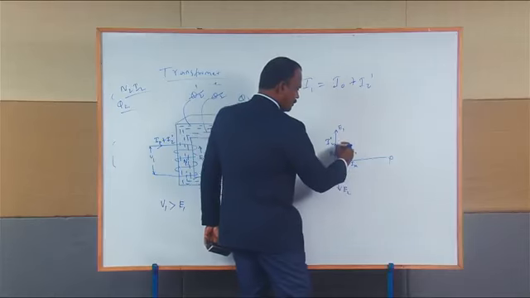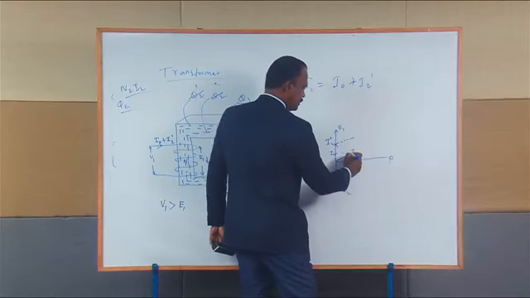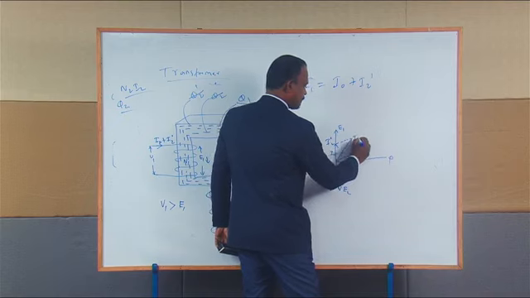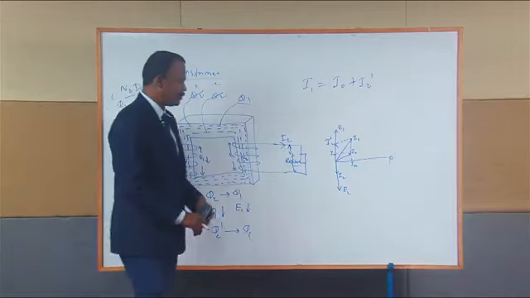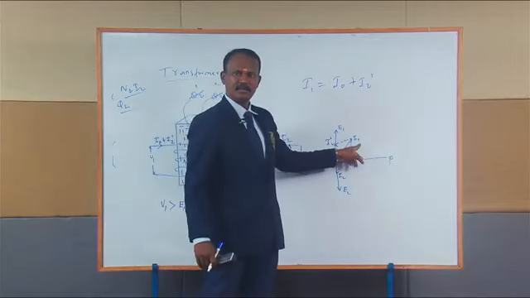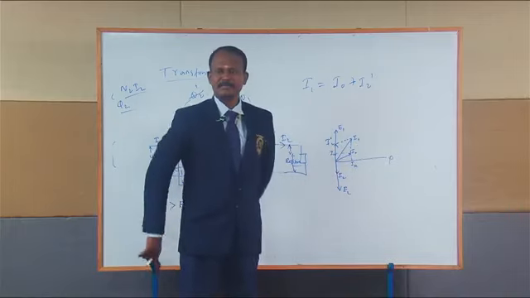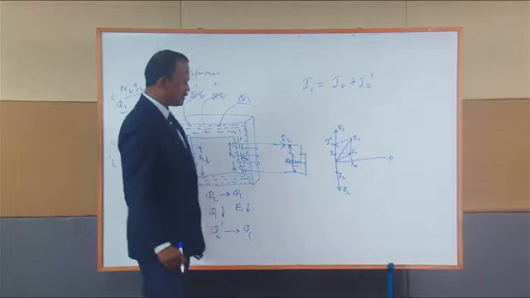So I draw the parallelogram from I2 dash, a parallel line for I0, and another parallel line for I2 dash. This current I call I1. So now it's clear: I1 is a vectorial sum of I0 and I2 dash. This is for resistive load.